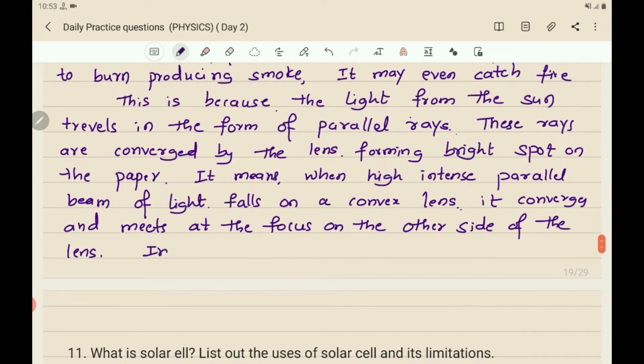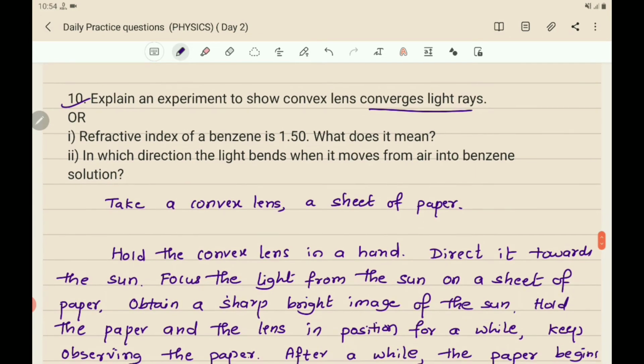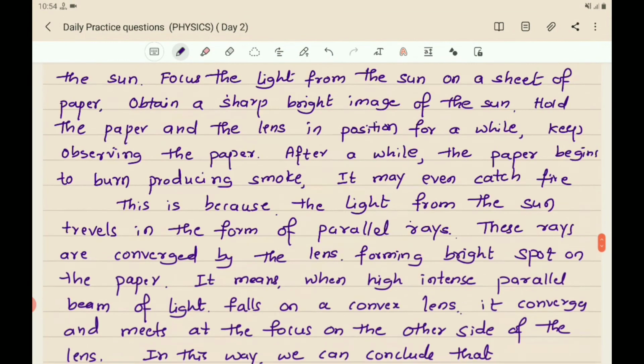In this way, we can conclude that, according to the question, convex lens converges light rays.